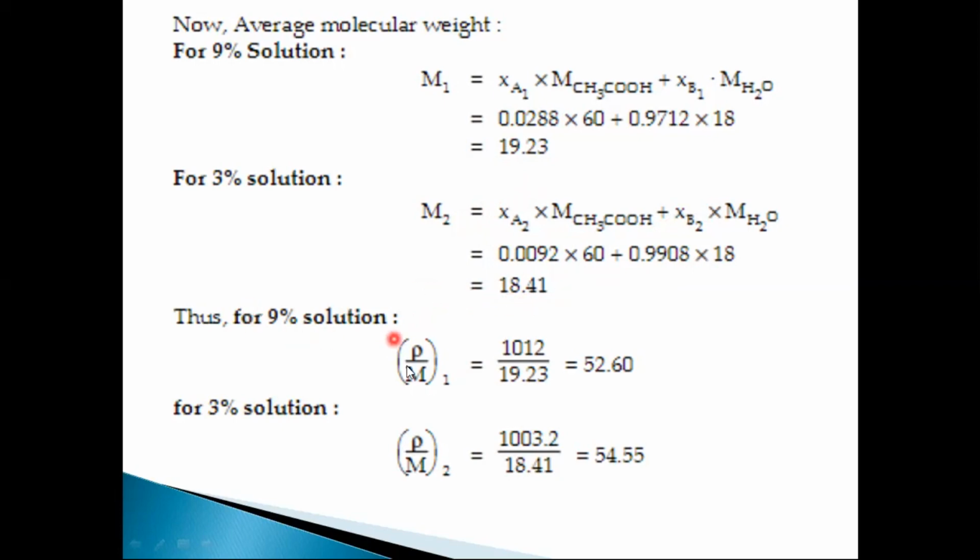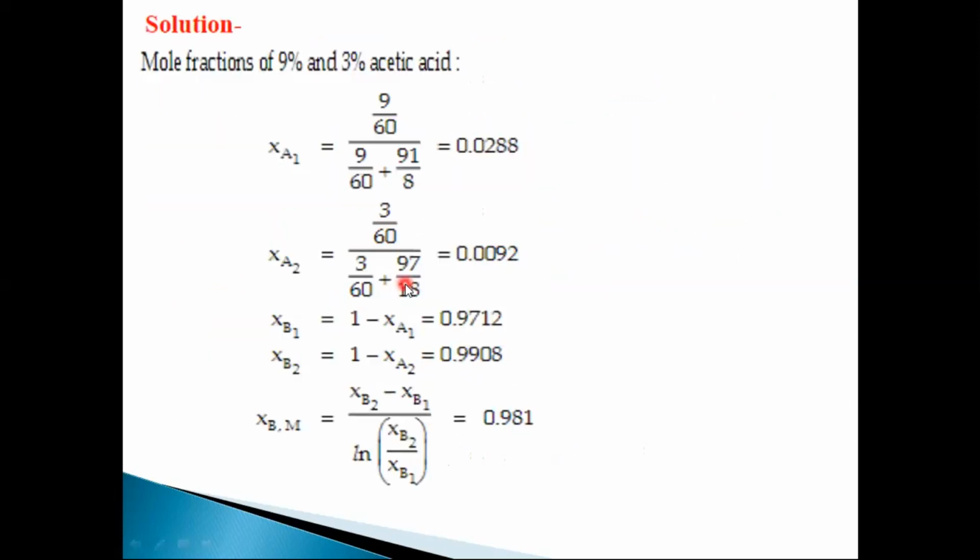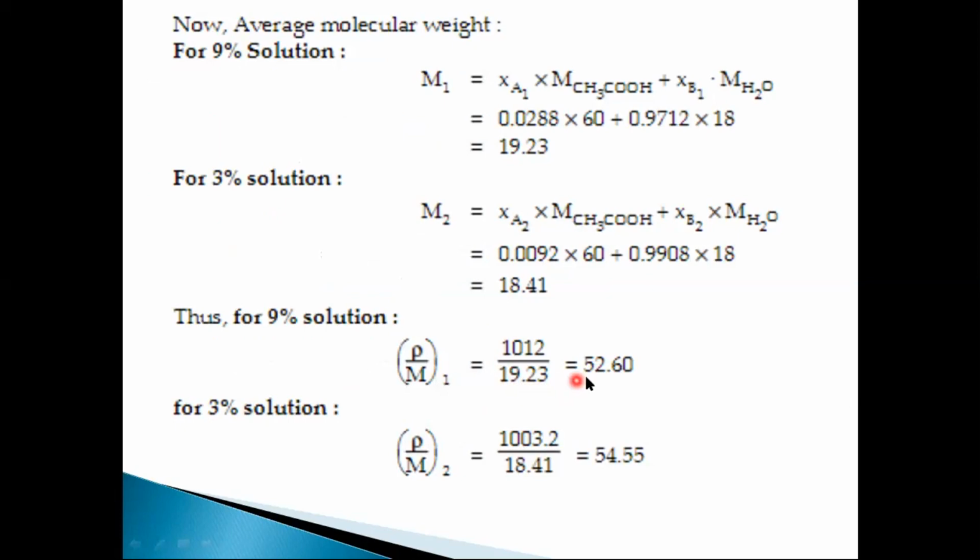Thus for the 9% solution, rho by M1 means density divided by molecular weight. Molecular weight is 19.23 and rho is given in the question, that is 1012 for the 9% solution. So 1012 divided by 19.23 is equal to 52.60.